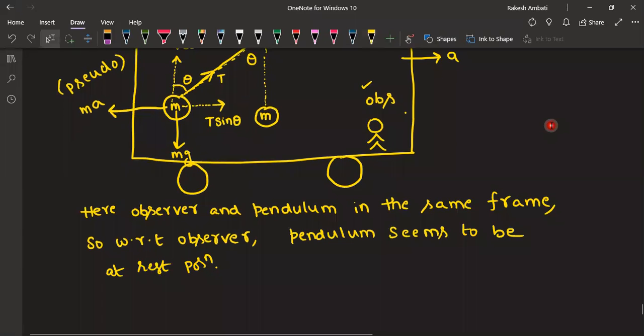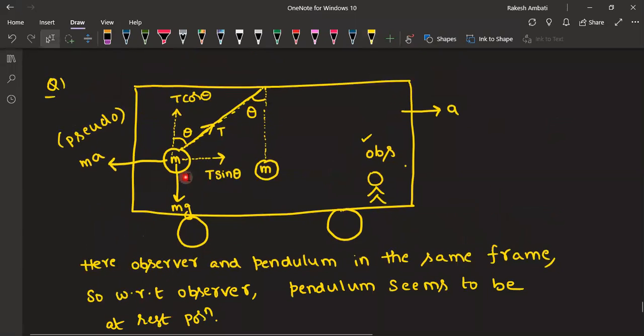So what are the balanced forces? Here you see the free body diagram. T sin theta is balanced by MA. Let it be the first equation. And what is the second set of balanced forces?